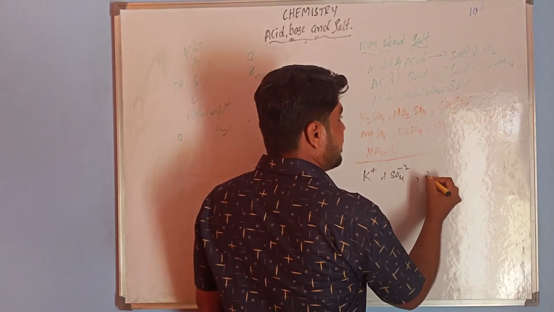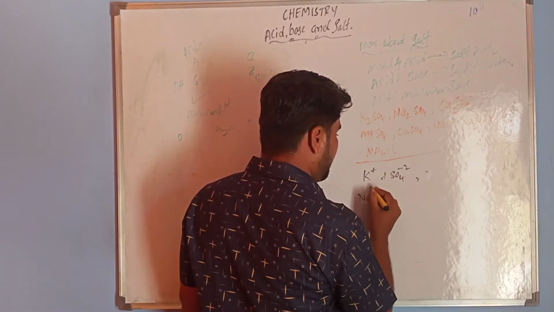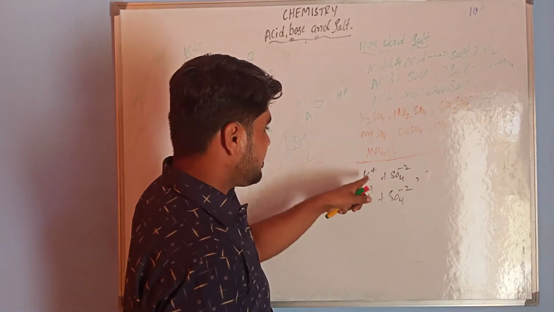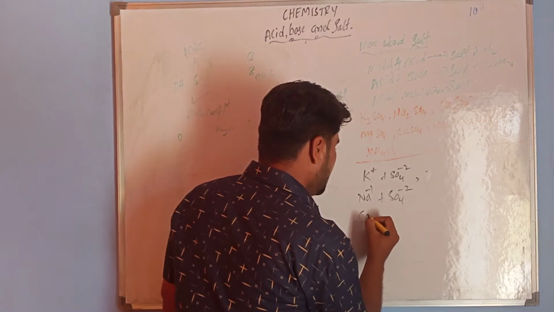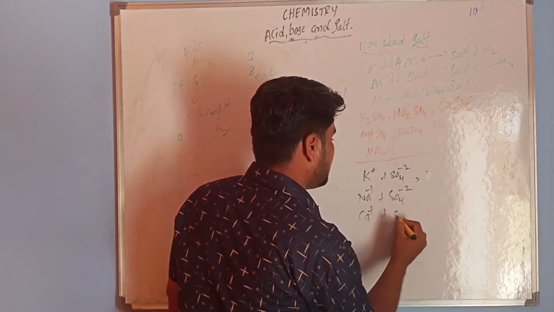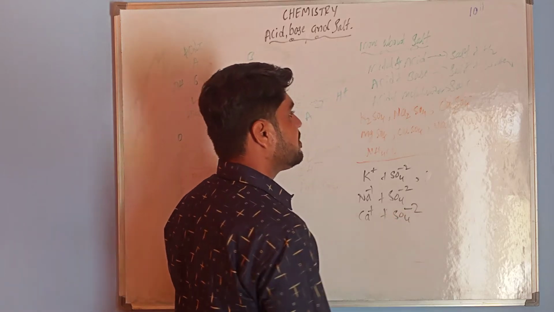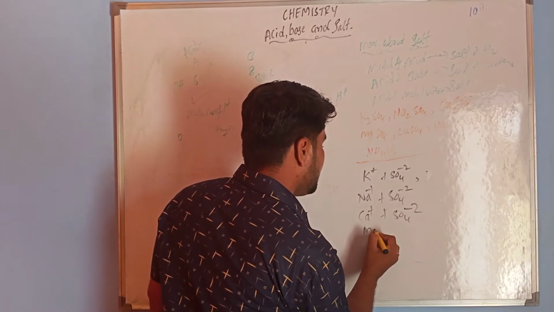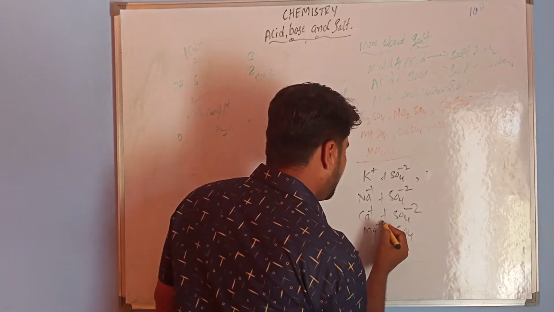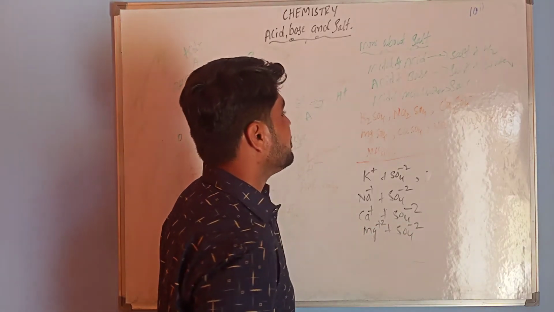Next, Na plus and SO4 minus 2, using the crisscross method. Next is Ca 2 plus and SO4 minus 2. Next, Mg 2 plus and SO4 minus 2.